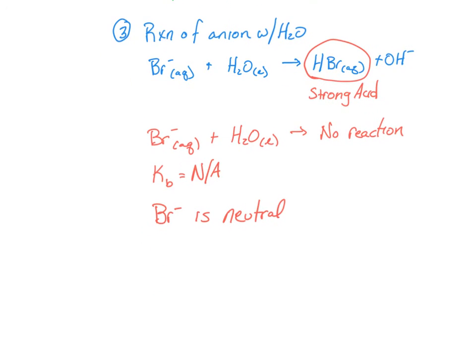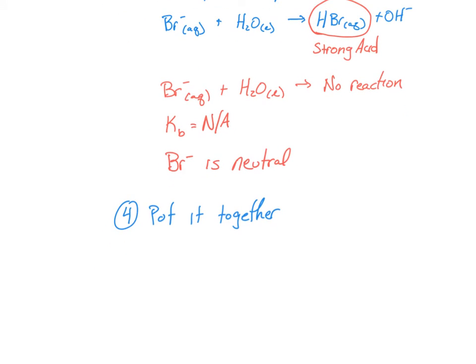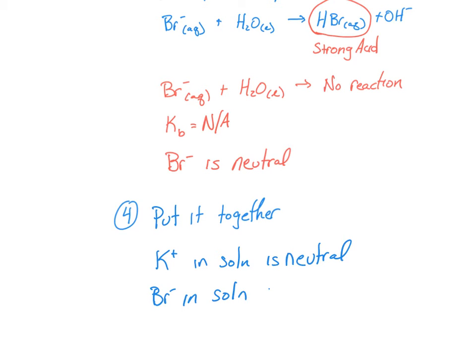So now step 4 is put it together. We know that K plus in solution is neutral. We know that Br minus in solution is neutral.